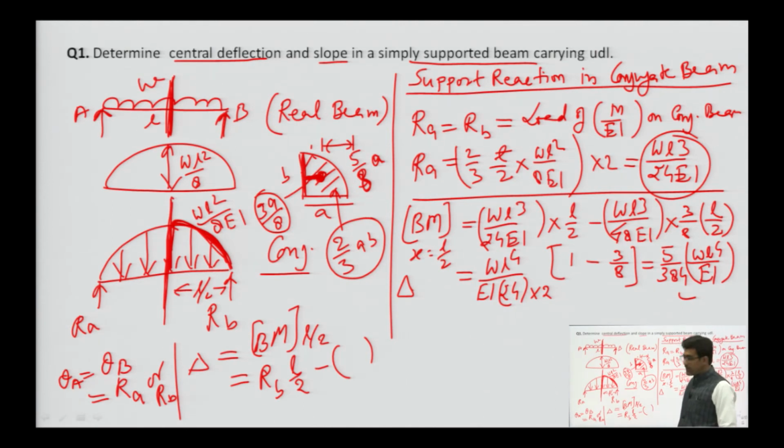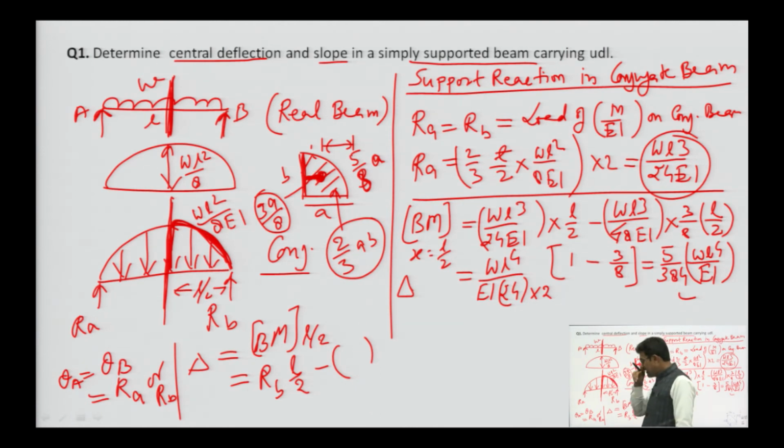Step 1 is find the bending moment, find the BMD, and then change the loading to M upon EI on the conjugate beam after replacing its support condition.